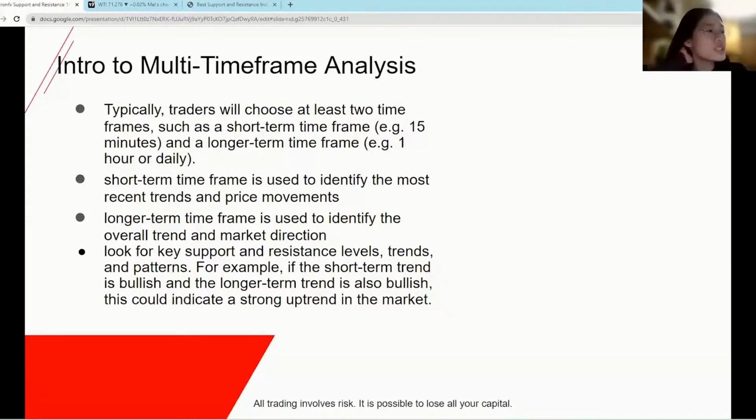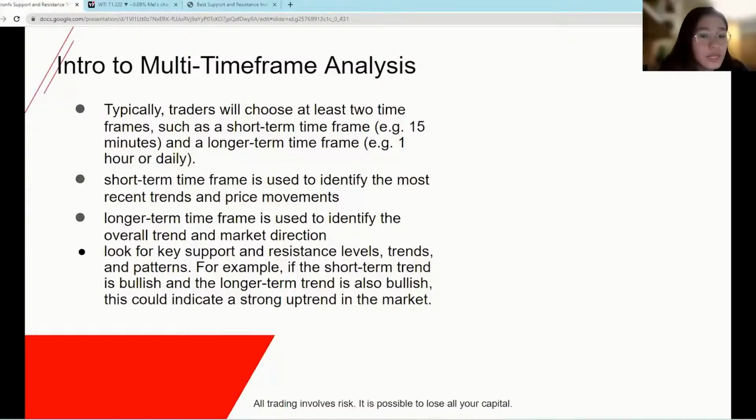Okay, so we're just going to introduce a little bit on multi-time frame analysis. Just briefly touch on it since we are talking about support and resistance levels. Multi-time frame analysis is a trading strategy that involves analyzing the market from multiple time frames. This can help a beginner trader get a better understanding of the market and make more informed trading decisions.